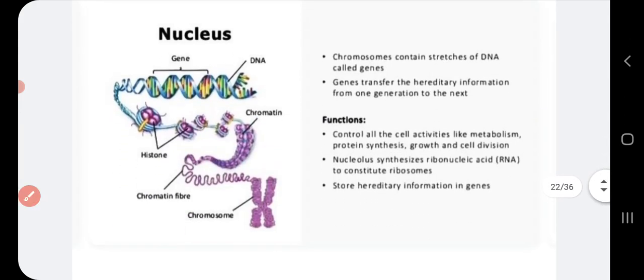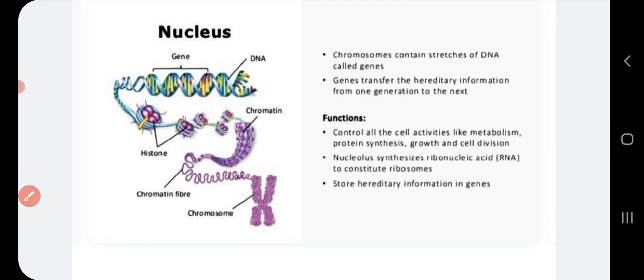Deep in the nucleus are chromosomes, chromatin fiber, histone, chromatin, DNA (deoxyribonucleic acid) and genes. Chromosomes contain stretches of DNA called genes. Genes transfer hereditary information from one generation to the next. This is the nucleus.